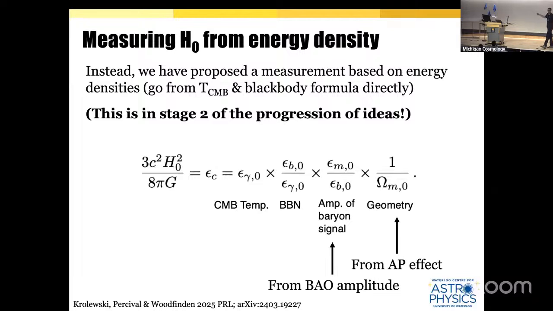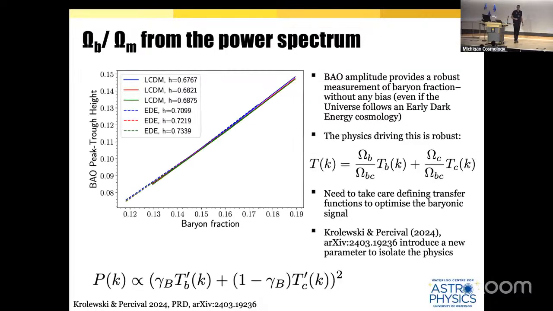And we've just seen from the Alcock-Paczynski effect that omega m comes from voids in BAO, just looking at the relative sizes along and across the line of sight. So the key thing we need to measure H0 is a robust way of measuring the baryon fraction. And it just so happens that the gold mine of a galaxy survey can provide this for you, and it does it in a really robust and clean way.